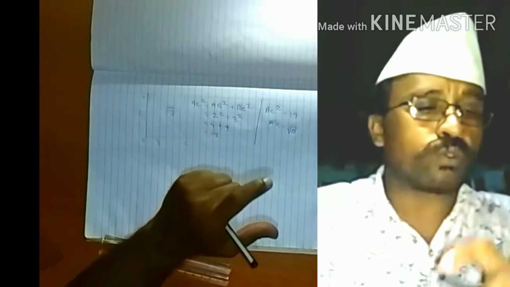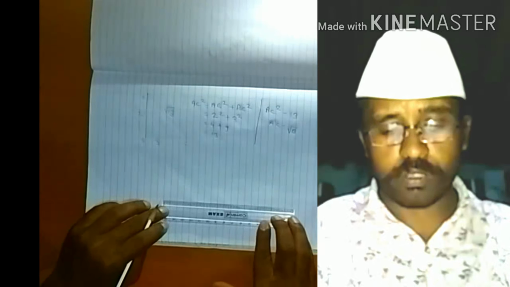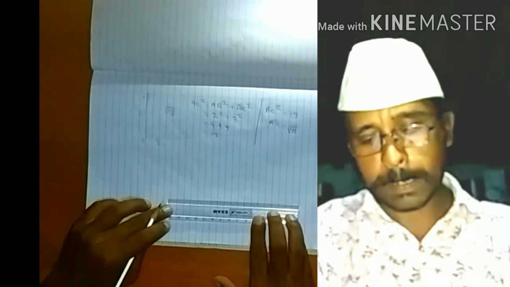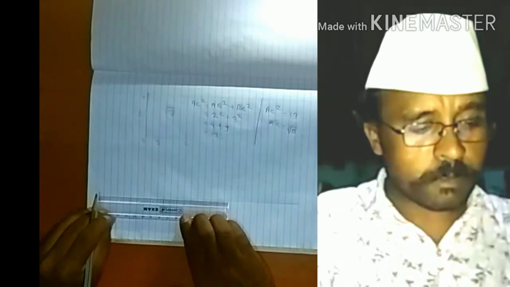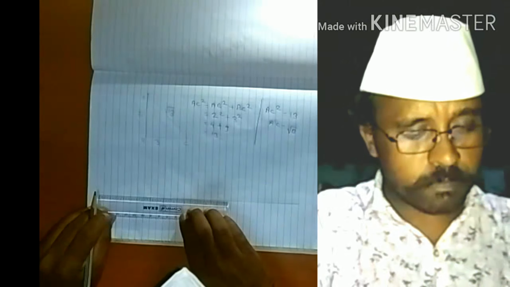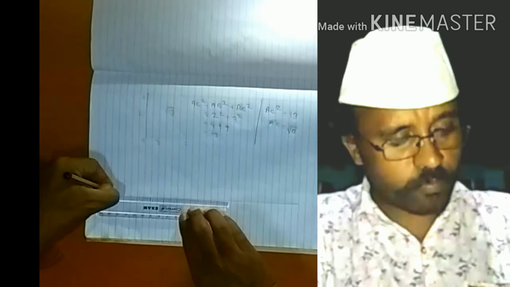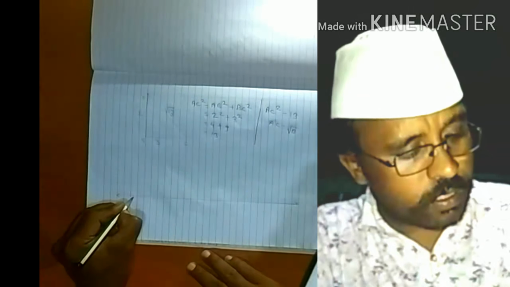Our topic is to show an irrational number on number line. So let's draw a number line first. Hereby I am drawing one number line. Suppose this is a number line.